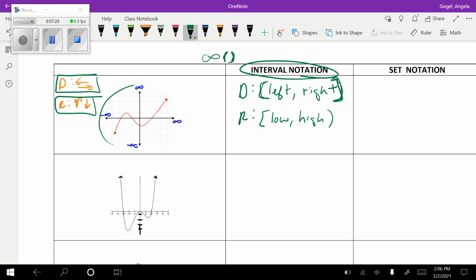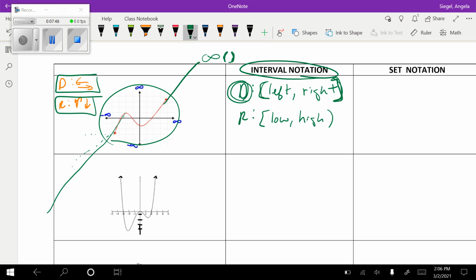So let's look at this graph right here. Notice how this is going to keep going down, down, down, to negative infinity. So for this domain, how far to the left does it go? It's going to eventually go to negative infinity to the left, and positive infinity to the right.